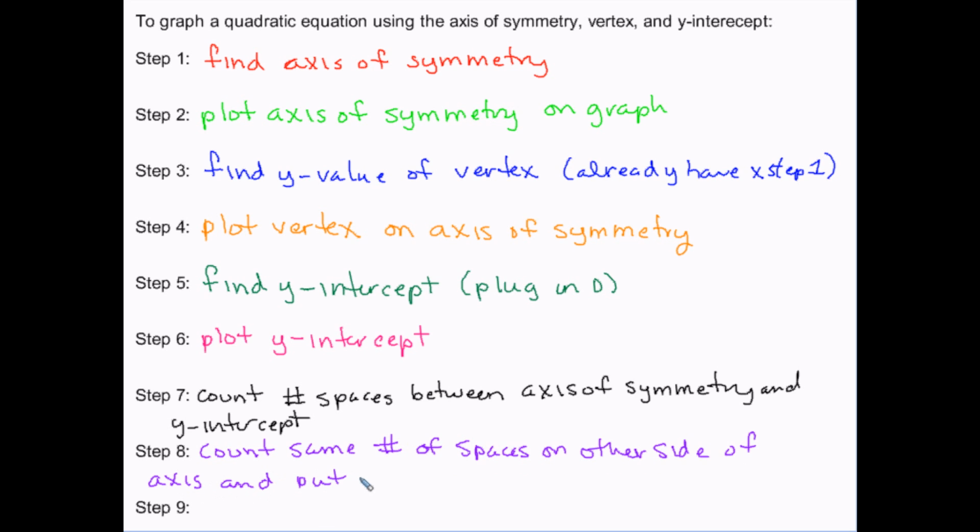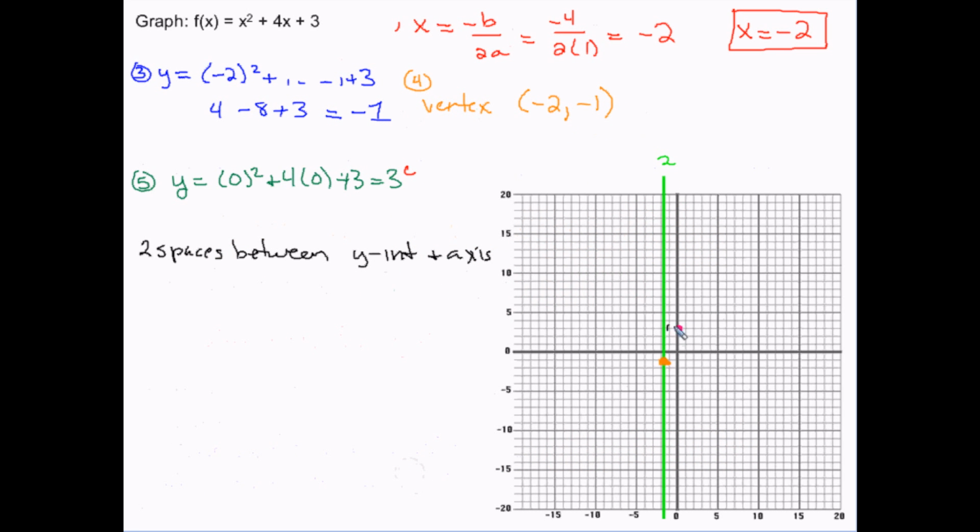And put a dot. Okay, so I was 1, 2 this way, so I want to go 1, 2 this way, and I put a dot. Okay, now I have 3 dots. I have my vertex, my y-intercept, and the symmetric point.